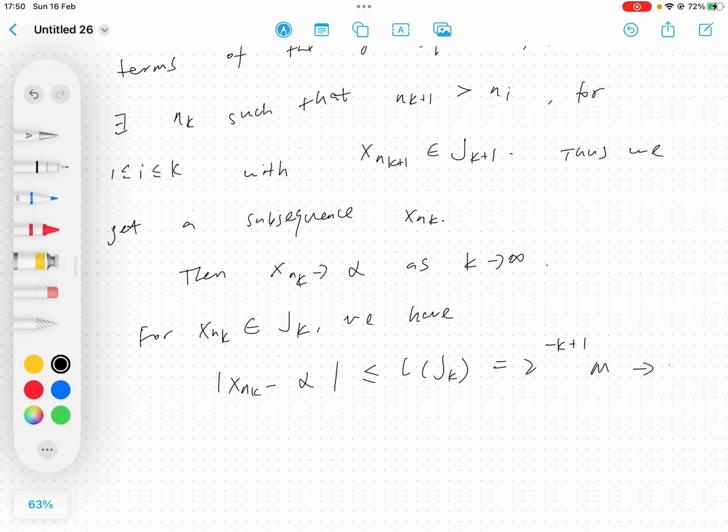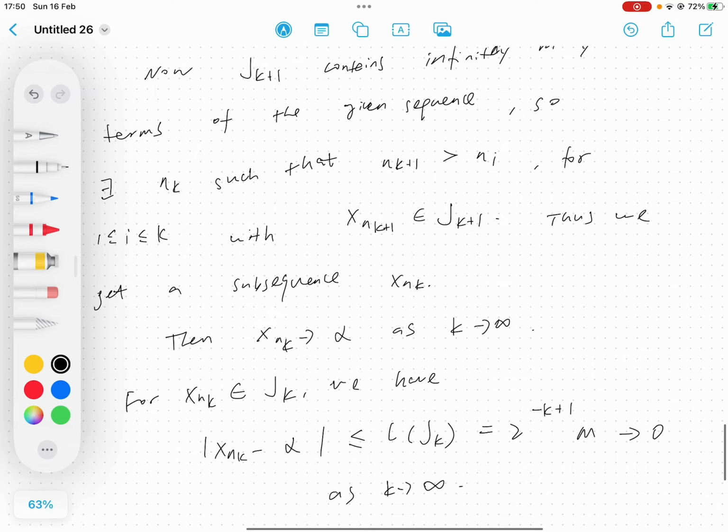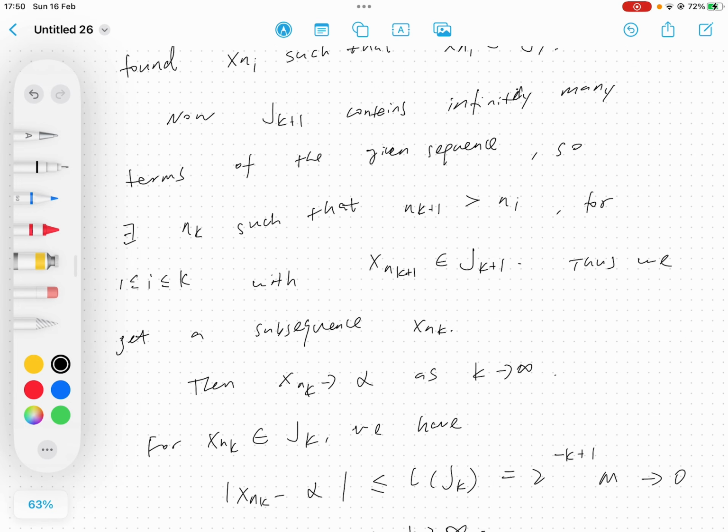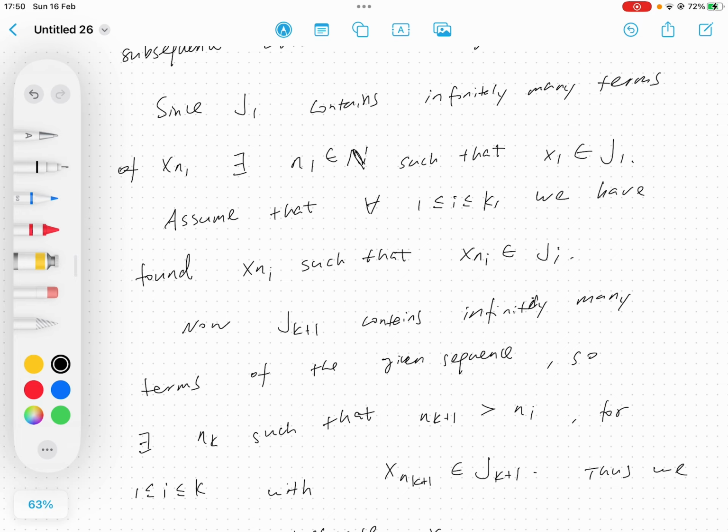And that goes to 0 as k goes to infinity. And then this completes the proof, right? So as k goes to infinity, x_{nk} goes to alpha. So that alpha will be exactly the limit of that subsequence. So it is convergent, right?